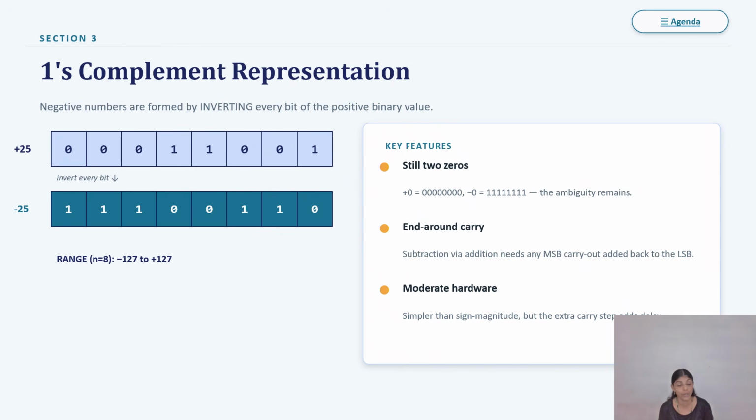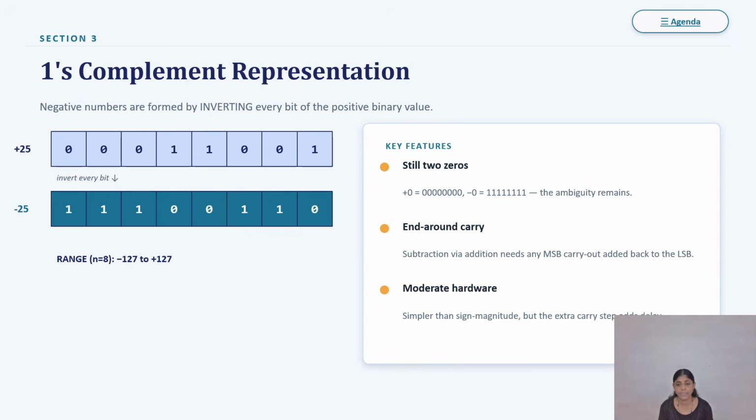Instead, you have to bring that overflowed carry to the LSB, and the LSB will be added with your end around carry. So subtraction via addition needs any MSB carry out added back to the LSB. So that is your first one.